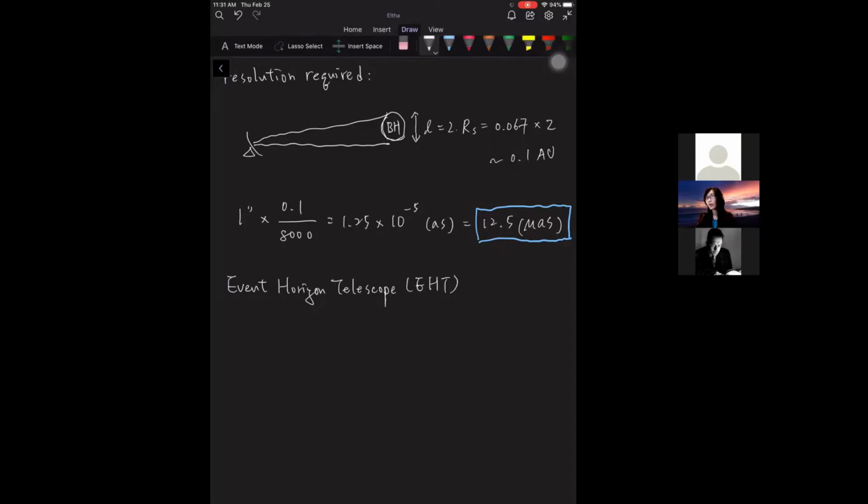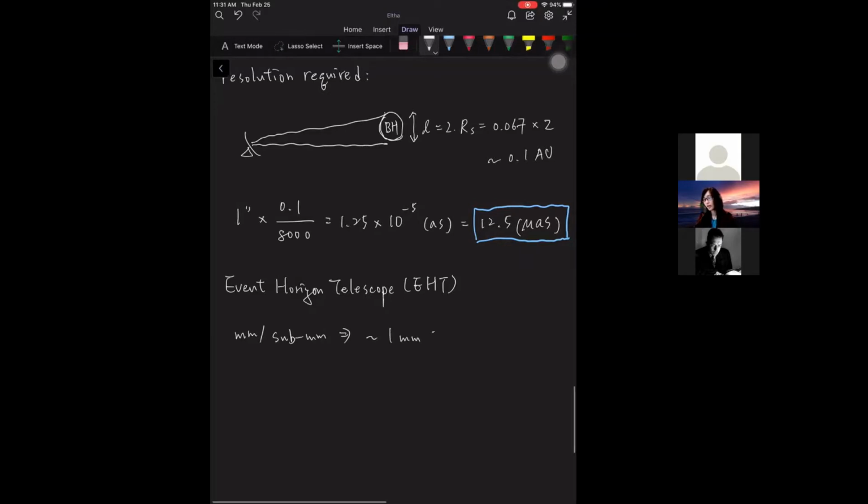The Event Horizon Telescope observes in the radio wavelength, in millimeter or sub-millimeter wave. So let's just approximate the wavelength as 1 millimeter, so that is 10 to the minus third in SI unit.